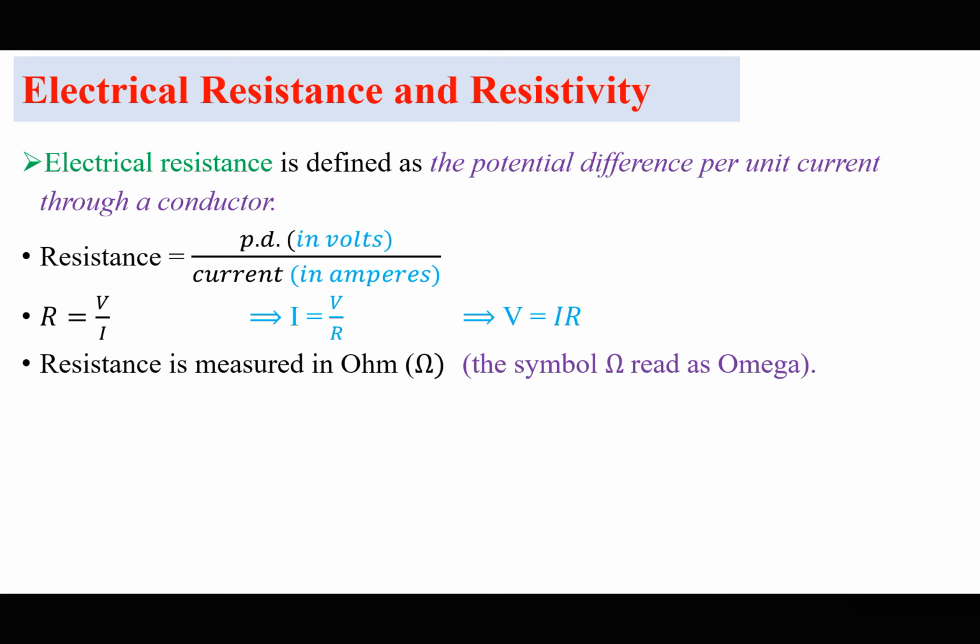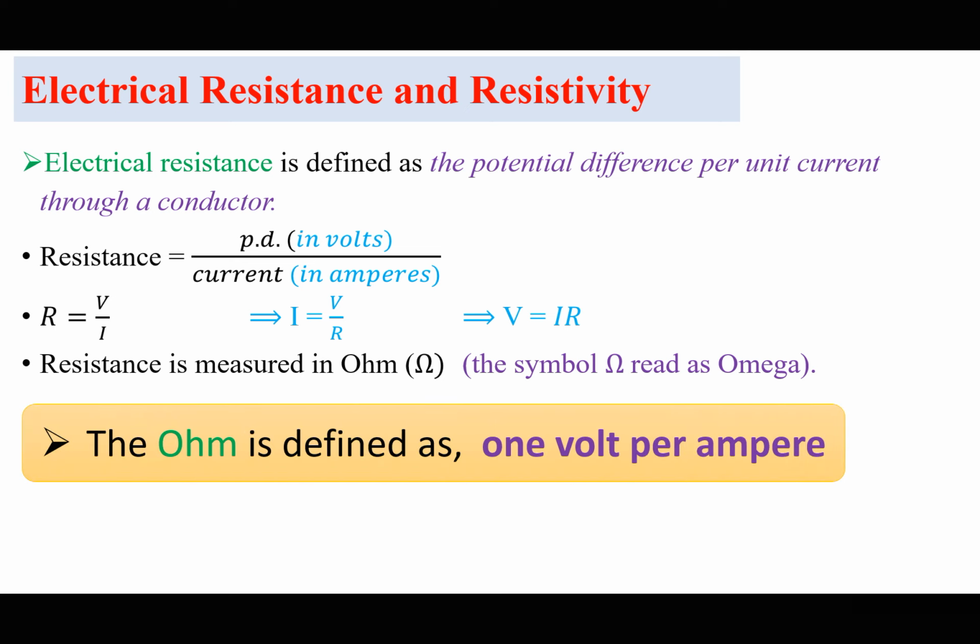So because the resistance is PD per unit current, then from the definition of resistance we can define the unit for resistance. It is PD measured in volts divided by current measured in amperes. So we can define an ohm as a volt per ampere. So the ohm is going to be defined as 1 volt per ampere.